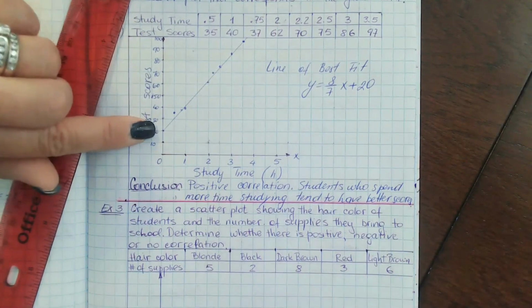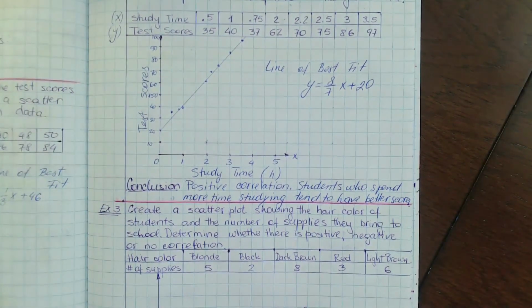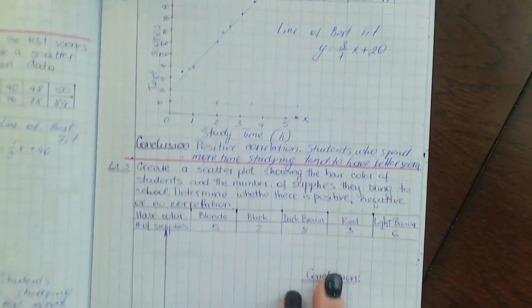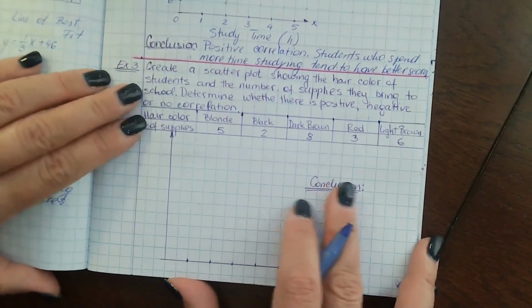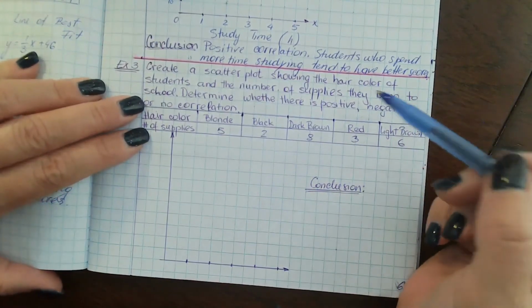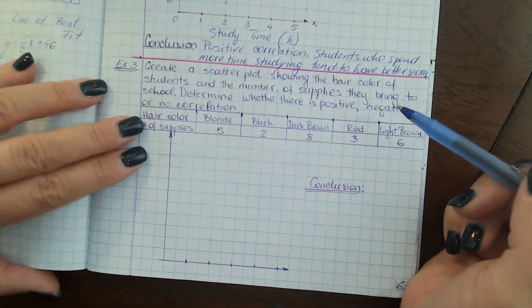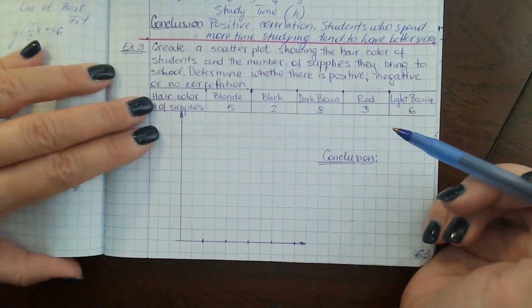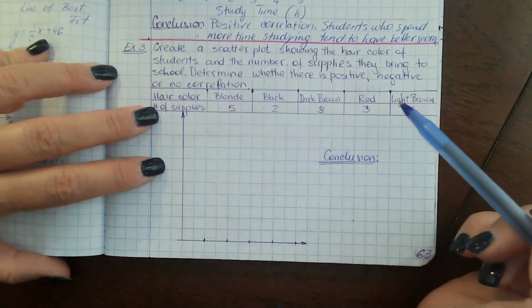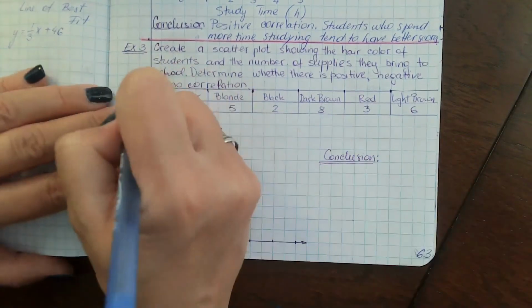Let's see another example. I have to create a scatter plot showing the hair color of students and the number of supplies they bring to school. Determine whether there is a positive, negative, or no correlation. We have not numbers, but actual hair colors in words.